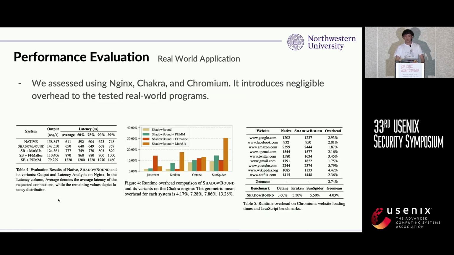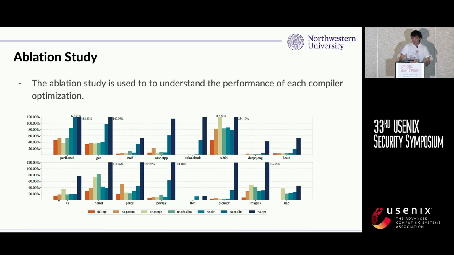Besides, we also evaluated our system in the real world, including the engines ChakraCore and Chromium. It introduced minor overhead on these real-world programs. In the end, we also did an evaluation study for each optimization, which shows all compiler optimizations in our system are important.